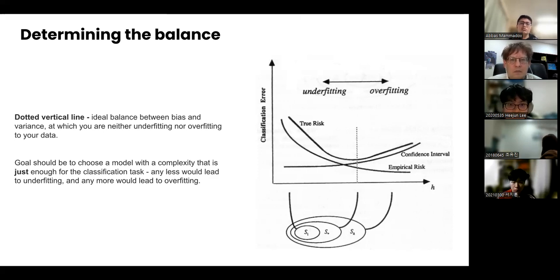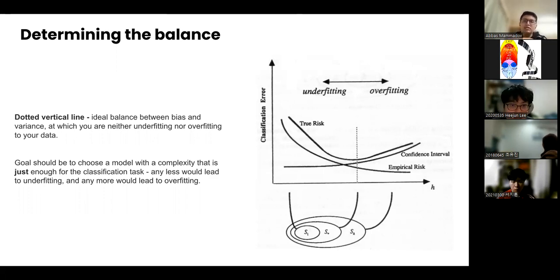The goal should be to choose a model with a complexity that's just enough for the classification task. Any less than this may result in underfitting, where we get very bad training and test results, and anything beyond will give us overfitting, which means that we learn the training data set very well, but we can't perform well on the test data set.